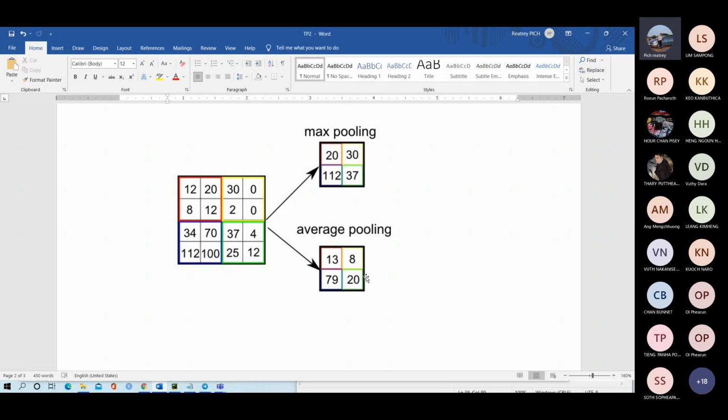We have one technique, maximum pooling, and the other one, average pooling. If you ask me which one is better, it depends on the data. You can make if-else conditions to simulate which one produces the best accuracy. You can select by making a simulation for both. So this is the concept that I would like to show you for our TP class today.